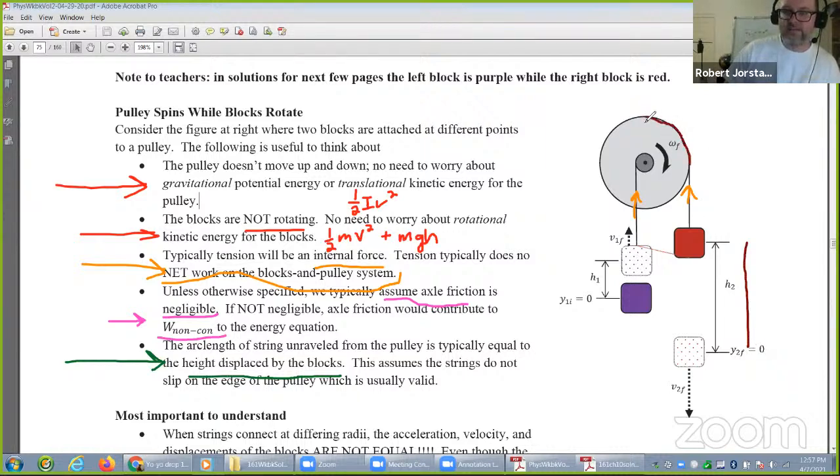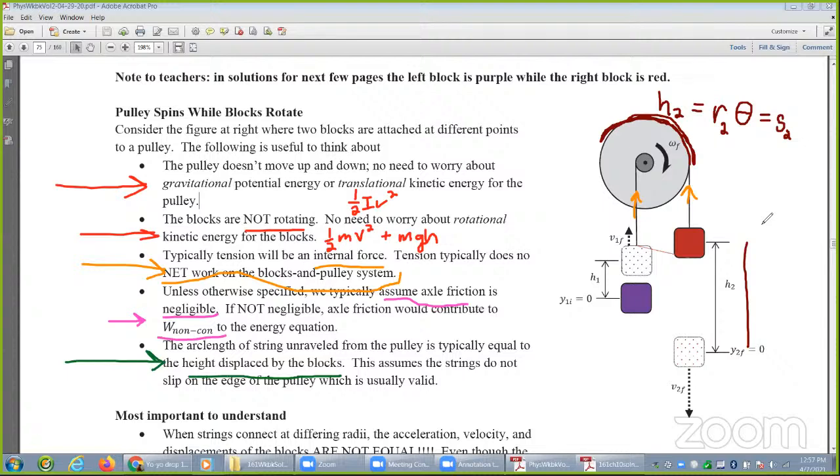That means distance h2 of the string gets unraveled from that one. So this is length h2, which is equal to r2 times theta, the angle through which it rotates. That's the arc length traveled by the string of the second block.